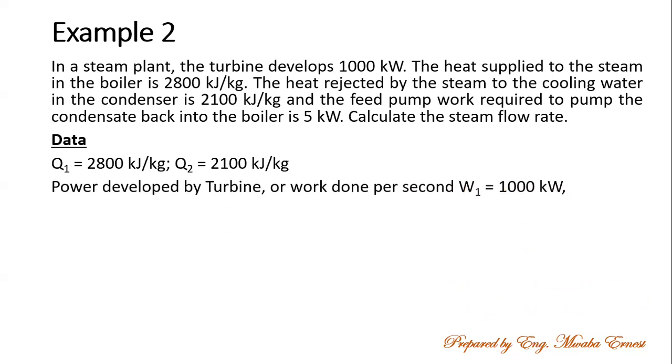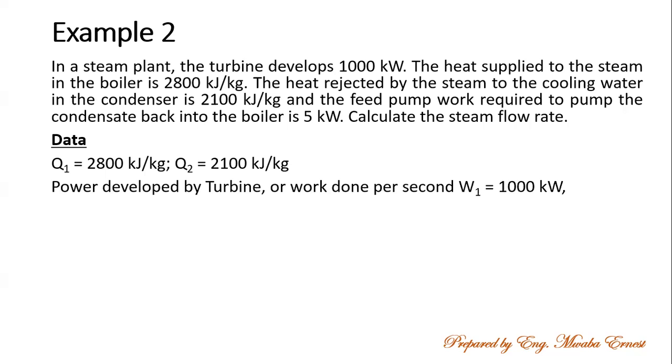Then, power developed by the turbine. How much power has been developed? We thought the total power developed is 1,000 kilowatts. But it comes with a condition. Although it has developed this, there's a requirement that the pump should pump the condensate back to the boiler.